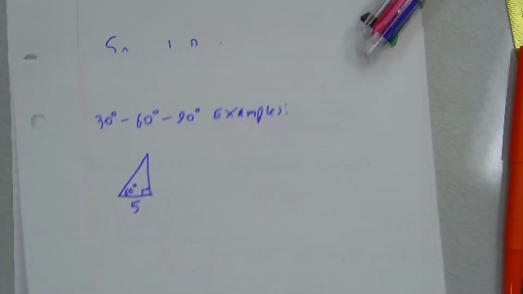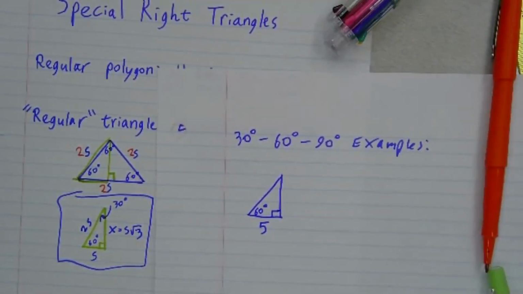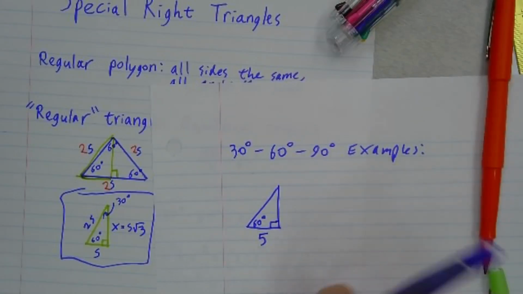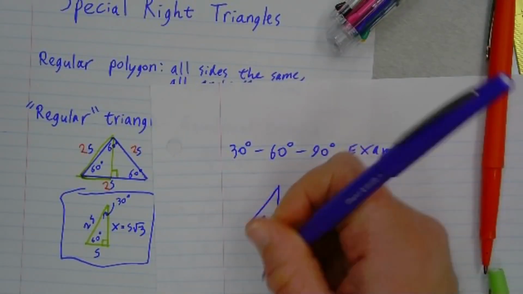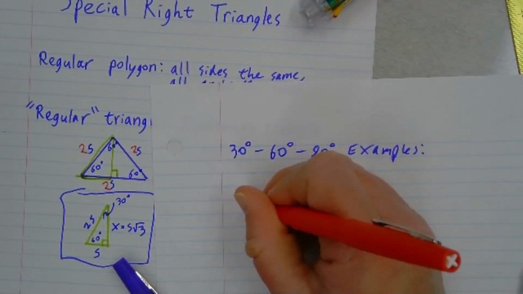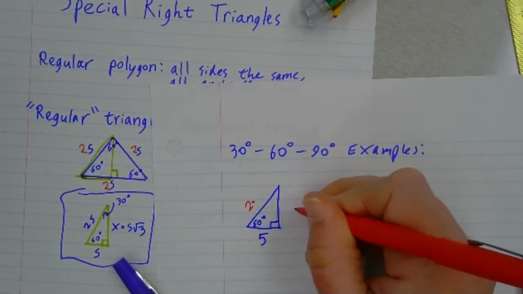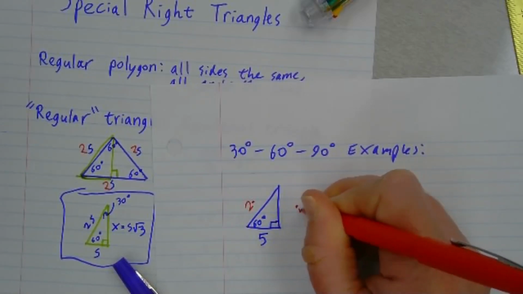But I already know for any 60-degree triangle, this side is just going to be 2 times that side. And this side is going to be that side root 3.